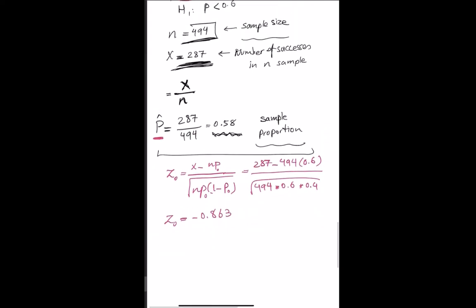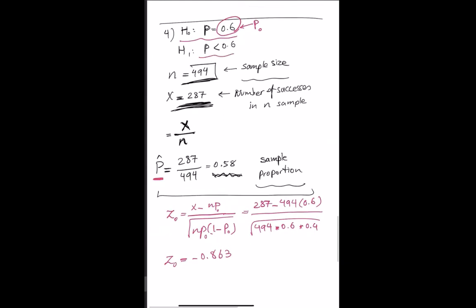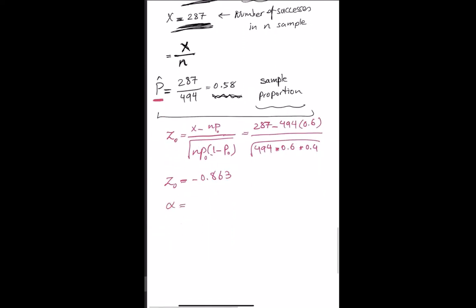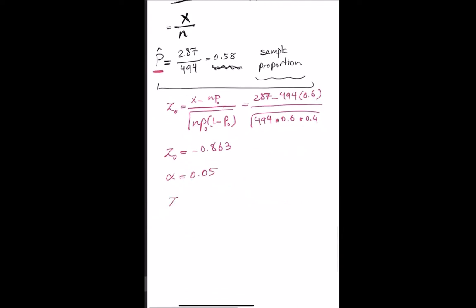And here we have a one-sided test, and the value of alpha is still 0.05. So I have to compare the test statistic with minus Z of alpha.